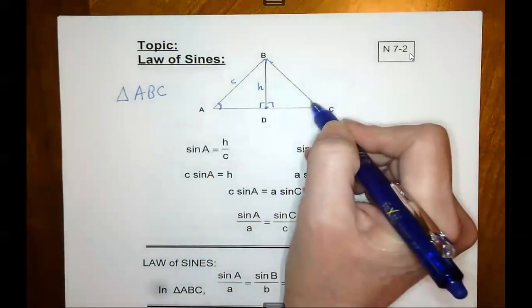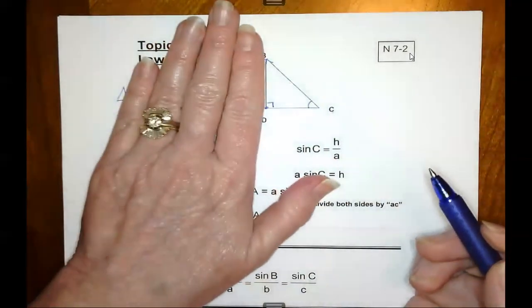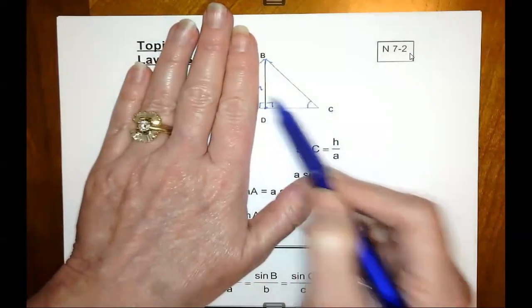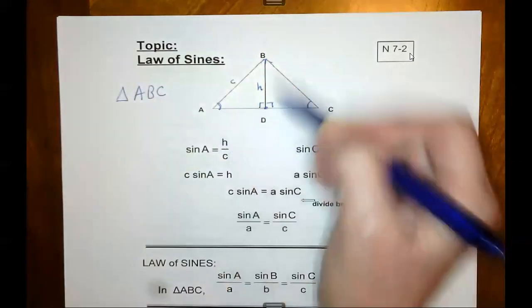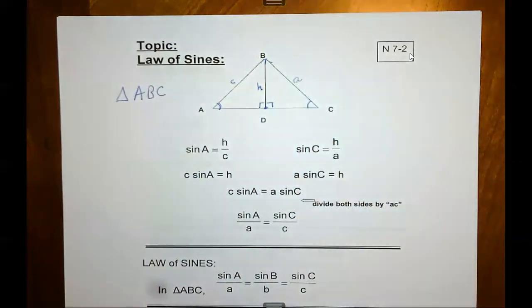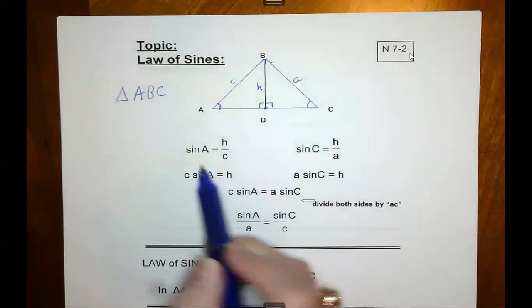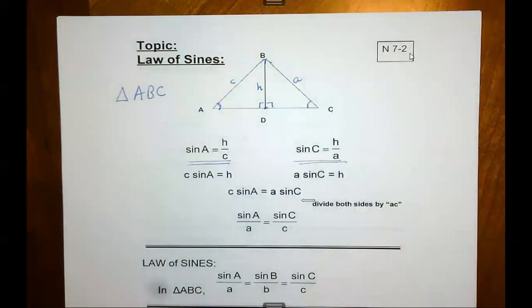Same thing is true over here for angle C. If I cover up this side of my triangle, then this is my opposite side, so h. This is my hypotenuse, and in this case, that would be lowercase a. So sine of angle C is h over a. So that's where they have come up with these two trig ratios.